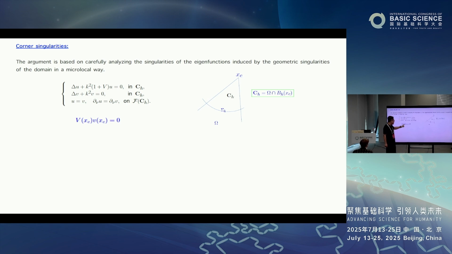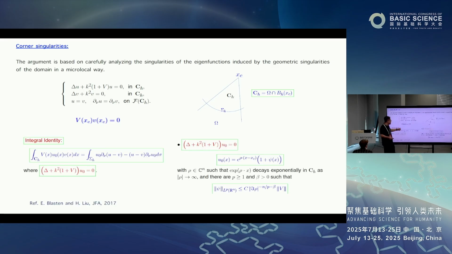According to our earlier study, we proved that the difference of the lower order terms, since we know u equal to v at the corner xc, gives us this: v(xc) times this small quantity equal to 0. We proved this. So how to prove this? I only show how to prove this for this simple example, but this already contains the essential idea of our study.